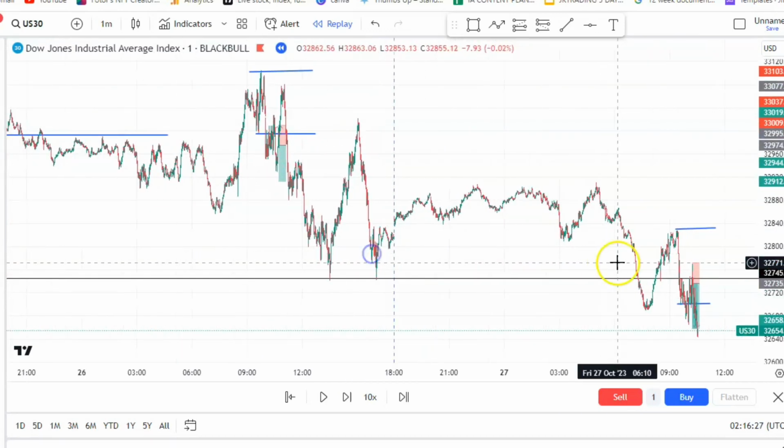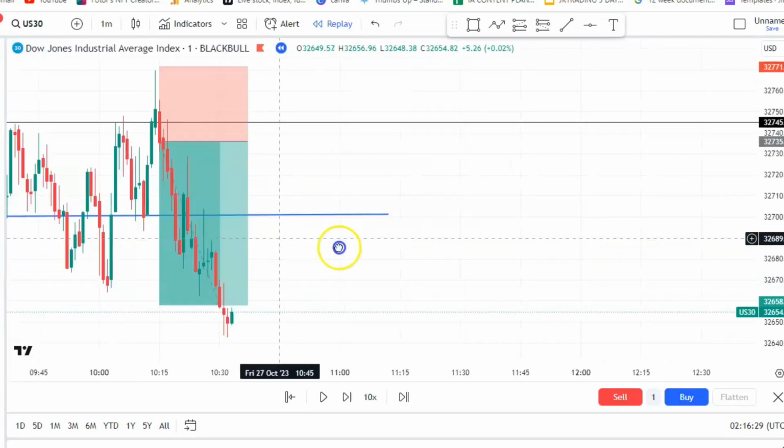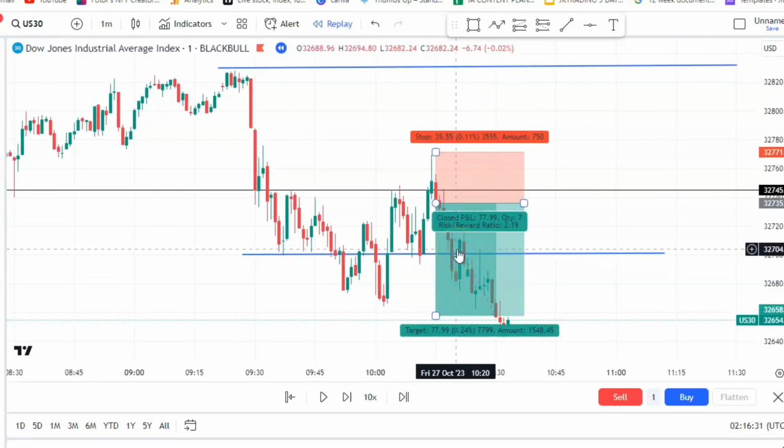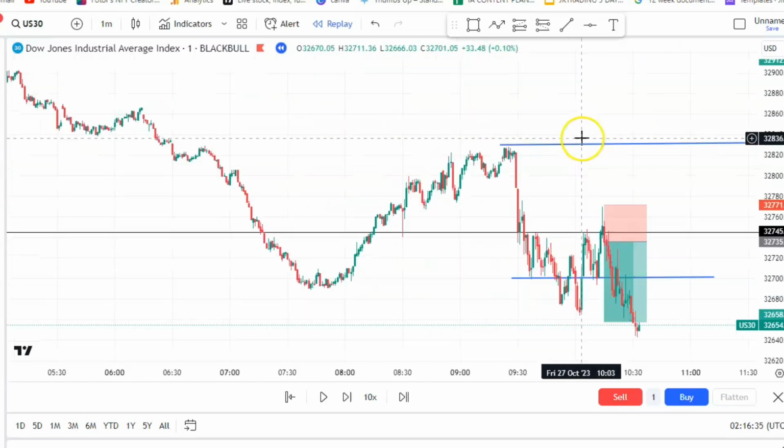So that is 3R. And then here I made 2R. So I'm just down 1R. All right. Moving on to the next pair.